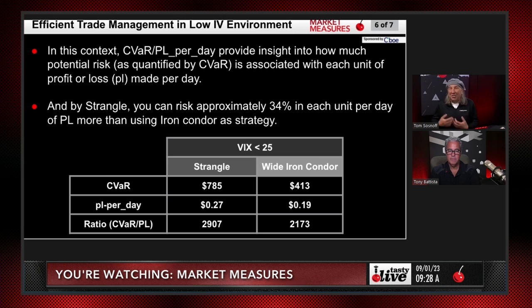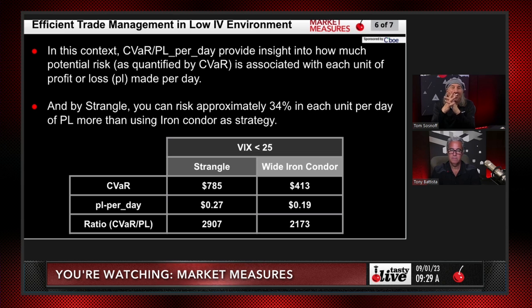That is actually interesting, that you could take a third more risk to have essentially the same amount of overall risk in a defined risk trade. I'm not sure how you apply that. I don't know either.